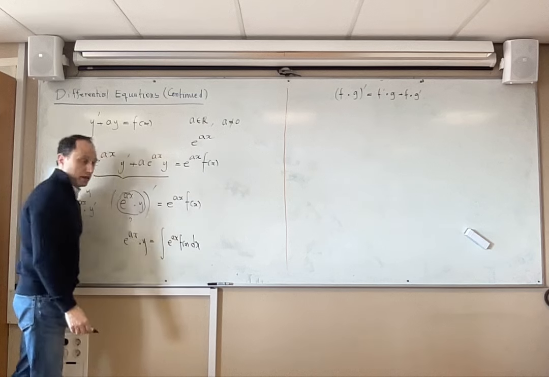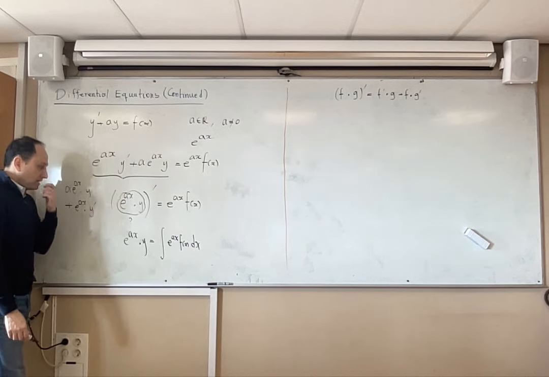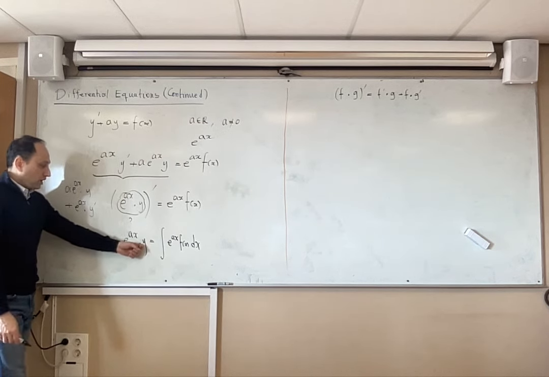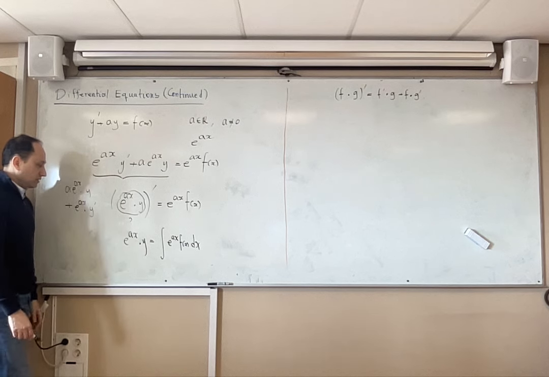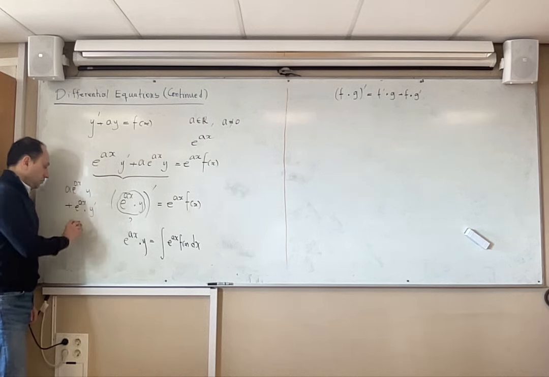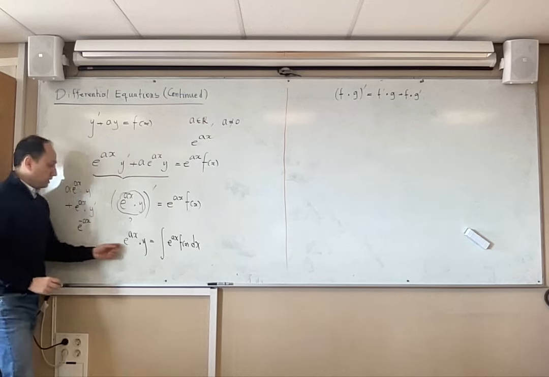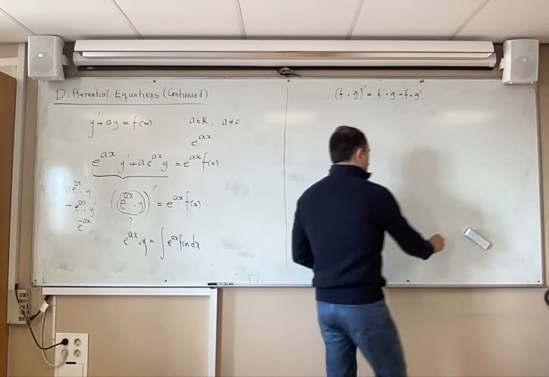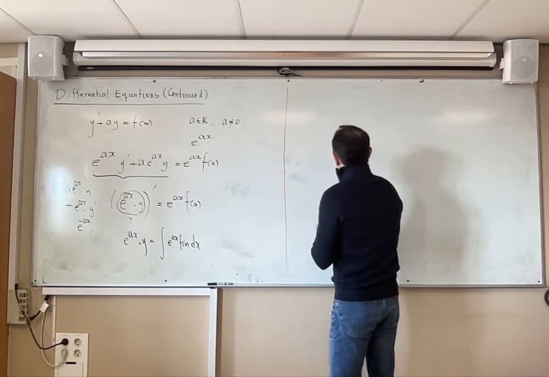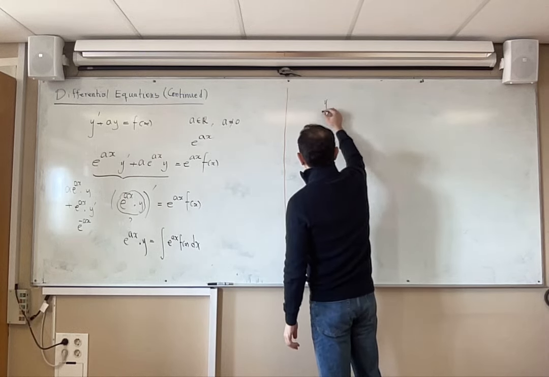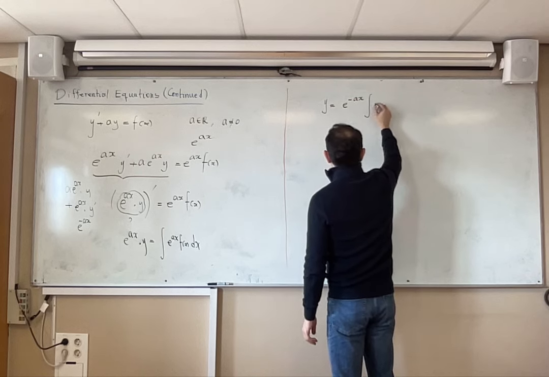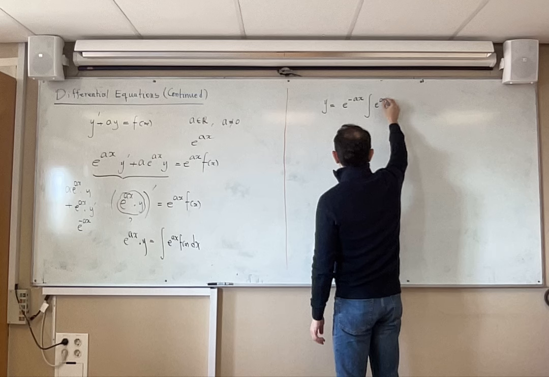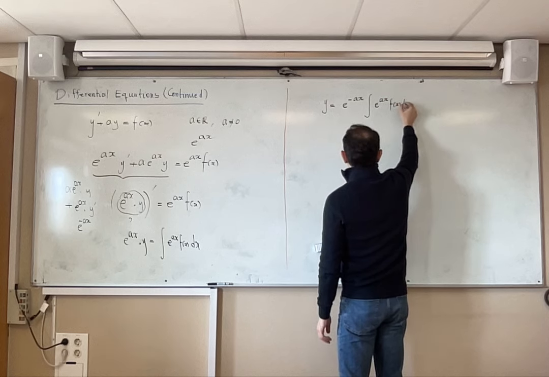But as usual, I am looking for y, so I isolate y: I divide everything by e to the power of ax, or equivalently, multiply everything by e to the power of minus ax. So the left-hand side becomes y alone, and the right-hand side becomes e to the power of minus ax times the integral of e to the power of ax f of x dx.